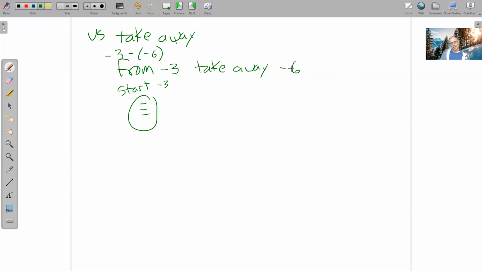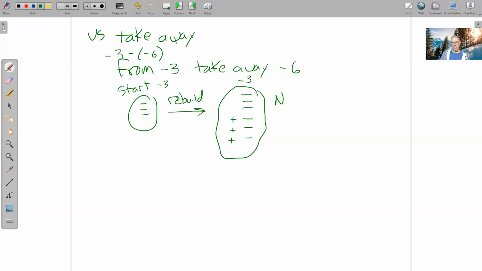But then there's not enough to take away, so I have to rebuild that so that I can take away -6. So this is still -3, but now I'm going to throw in some zeros until I see a -6 in there.